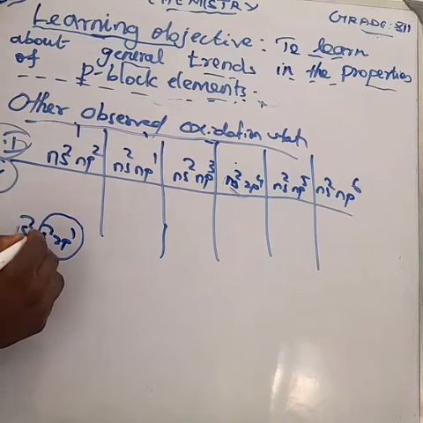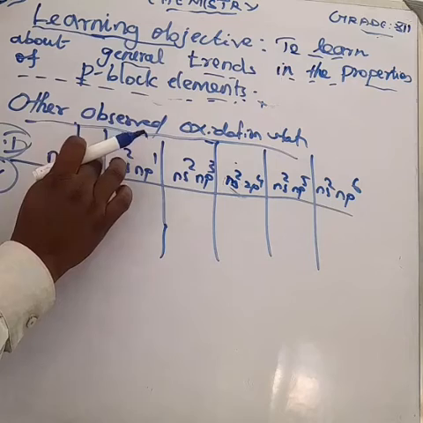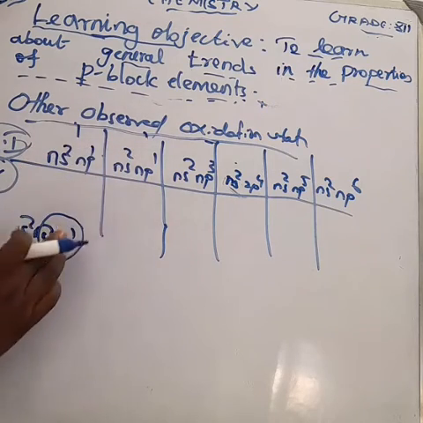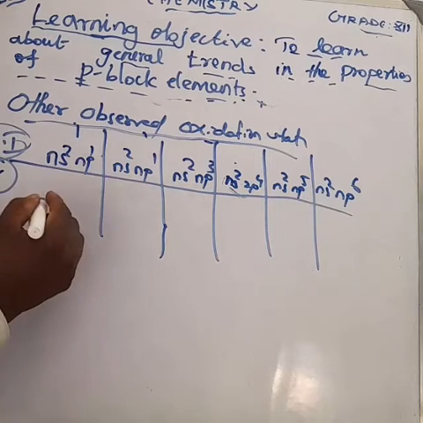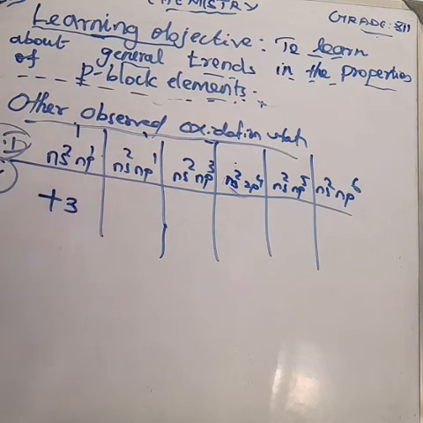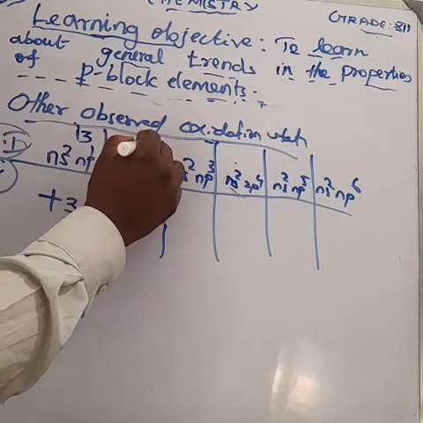The last are 2s2 and 2p1. What is 2 plus 1? That is 3. So plus 3 is the highest oxidation state of group 13 elements. Can you understand?